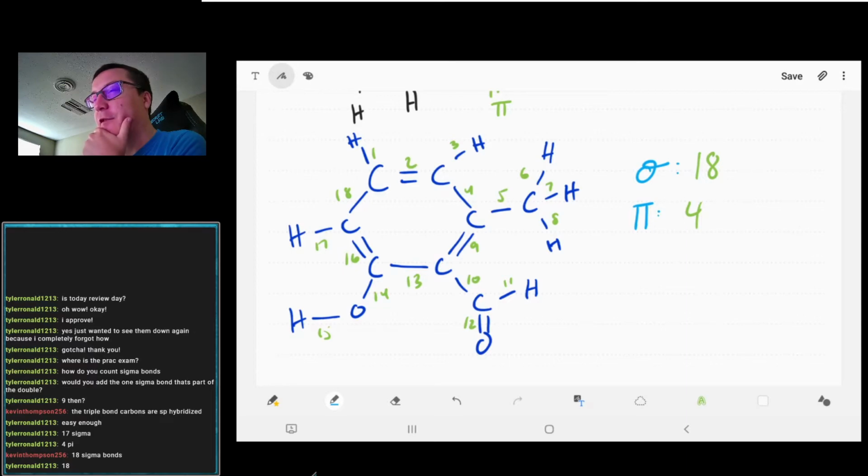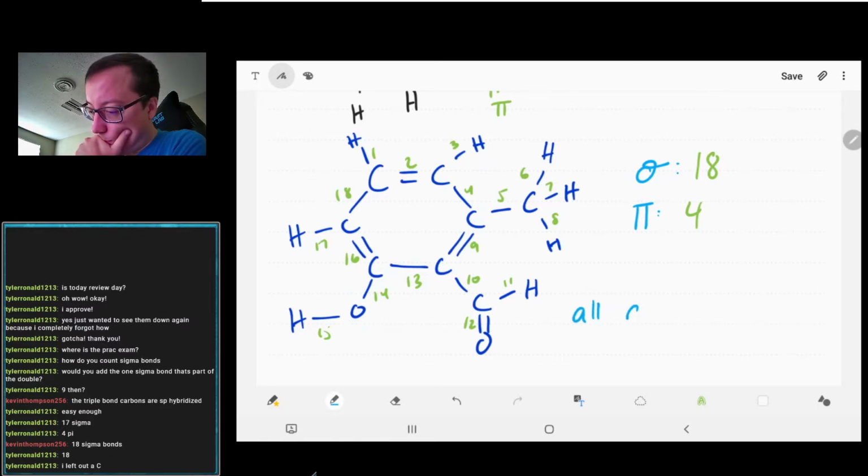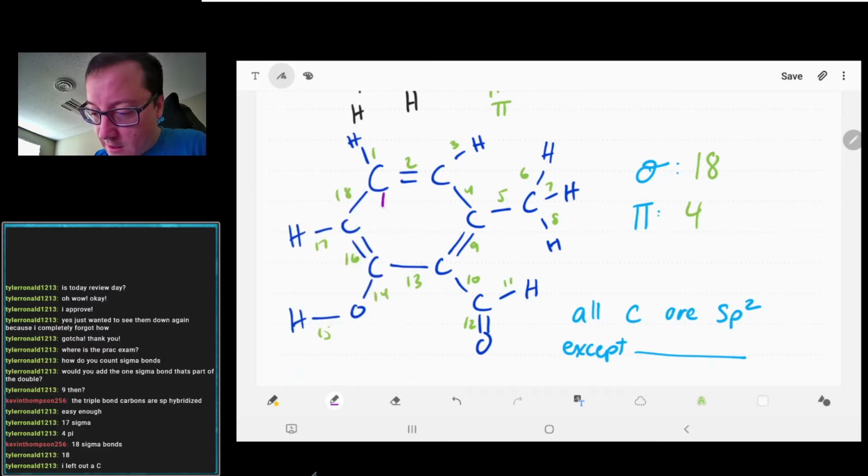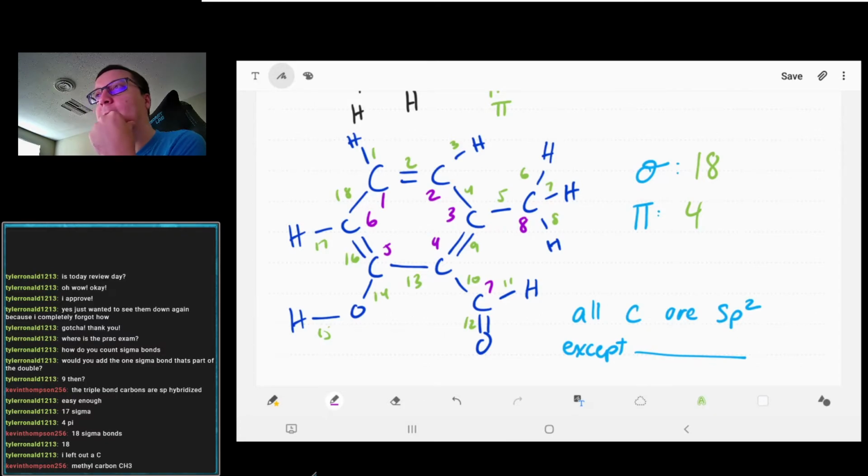Now, interestingly enough, all of the carbons here are sp2 except for one. I'm just going to number all the carbons.